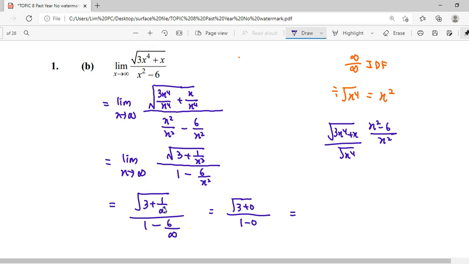So the concept that we need here is to divide by the correct term under the surd function, x power 4. The square root of x power 4 is x squared. Then evaluate our limit at infinity to get the answer.